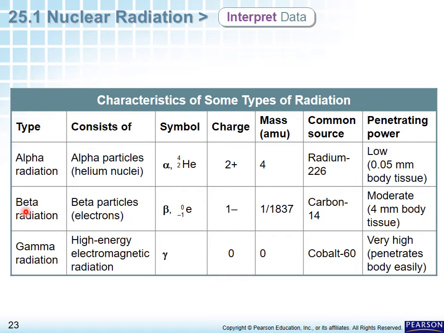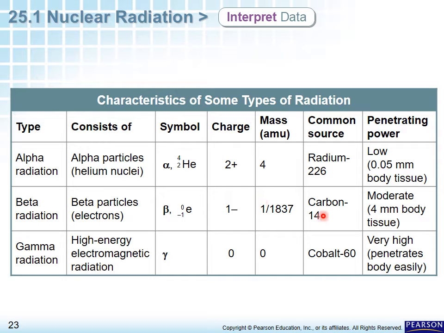Now, the second type is beta radiation. This kind of radiation consists of beta particles, or electrons. Remember, alpha particles are nuclei, beta particles are electrons. The electron's charge is -1 and its mass is 1/1835 that of a proton, so the electron is much lighter than the proton.